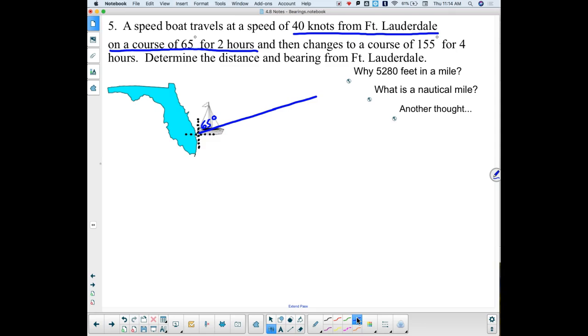I'm still in 40 knots. You just haven't gone too far yet. With me? How far did it travel? It's traveling at 40 knots for 2 hours. 80 knots. Do you guys even know what a knot is? It's a nautical mile.